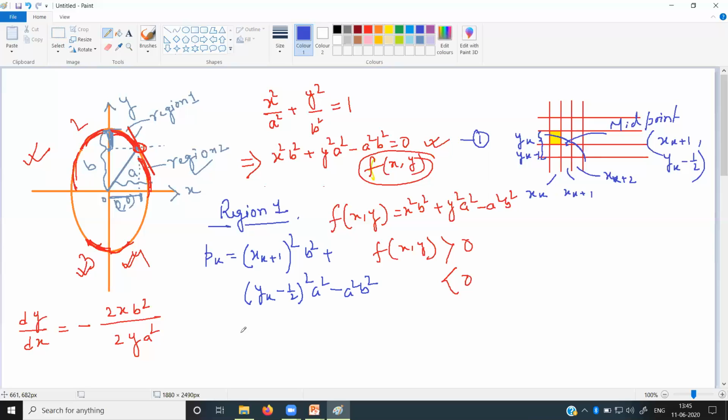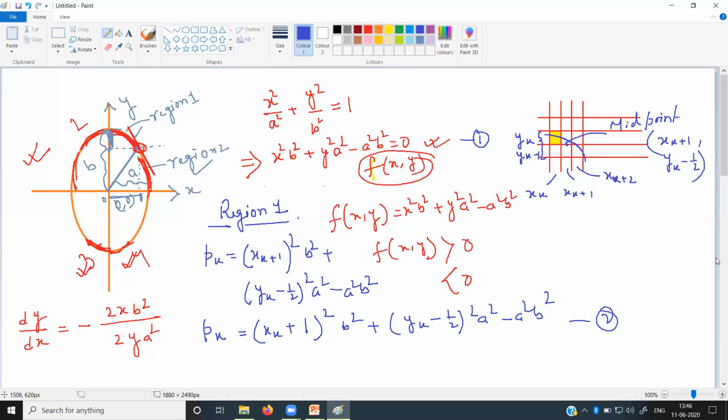If you see, this is the equation for region 1, and if you simplify it, instead of writing xk plus 1, I can write x of k plus 1, because by adding 1 to the xk value, I get x of k plus 1. So b square, y of k minus half whole square, a square, minus a square b square. Say this is equation 2.